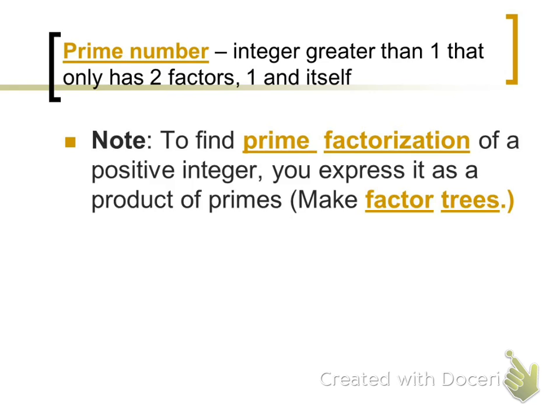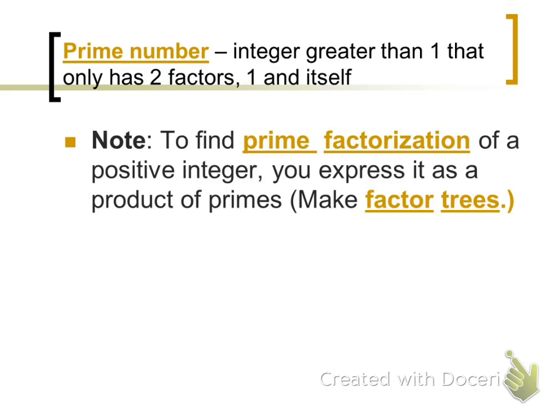It's got to be something bigger than 1, like 2 or 3 or 5, 7. Is 9 a prime number? No, because it has other factors. To be a prime number, it's just got to be 1 times itself. Nothing else would go on the list.